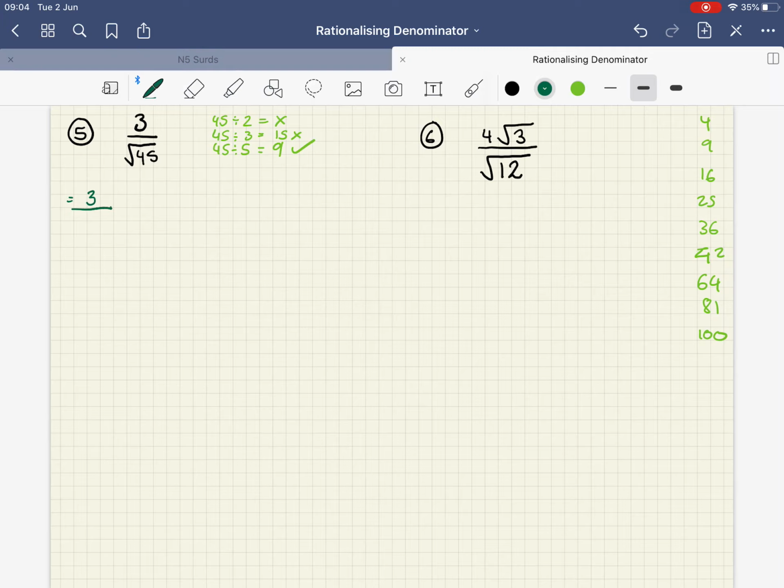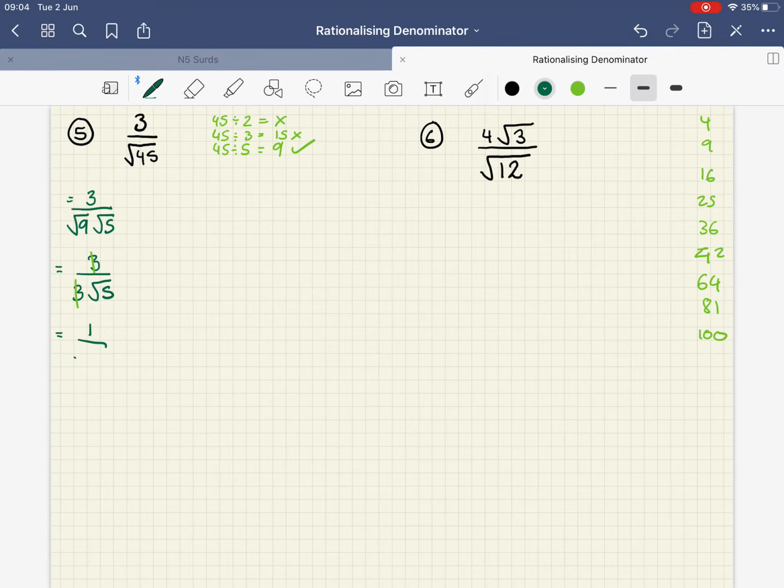So I'm going to have 3 over, and then it'll be root 9, root 5, because remember 9 times 5 is 45. So it's going to be 3 over 3 root 5, because the square root of 9 is 3. Then I can get rid of these 3's there.